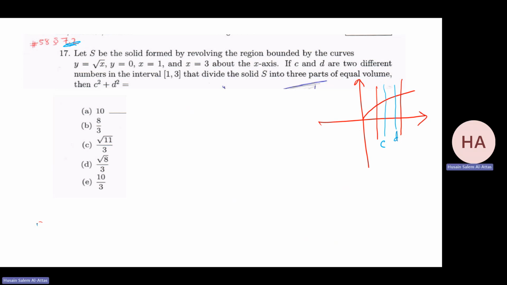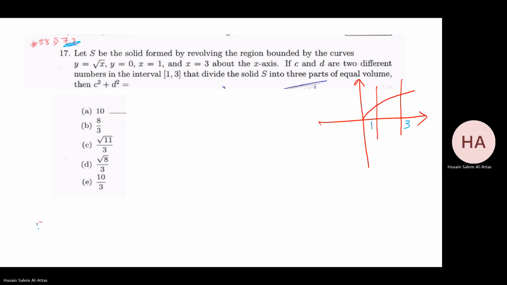So what I will do, this is from 1 to 3. Let me mark this C and D with a different color.